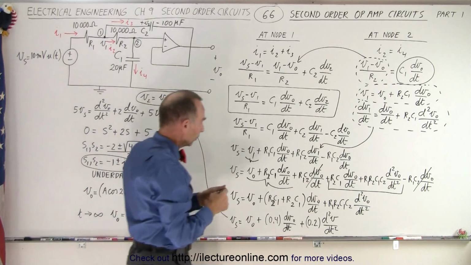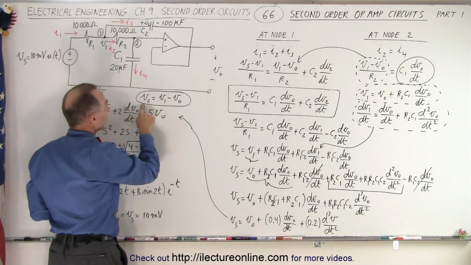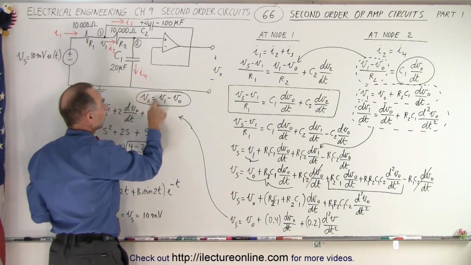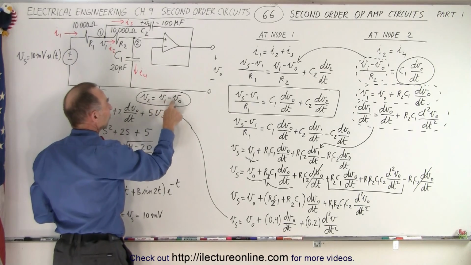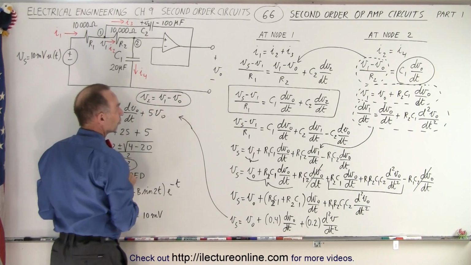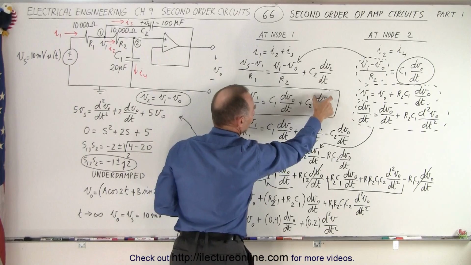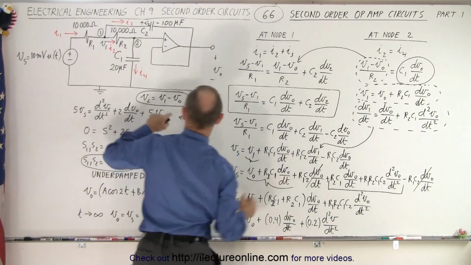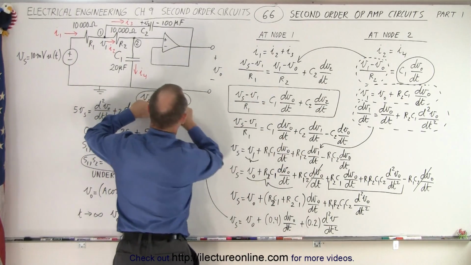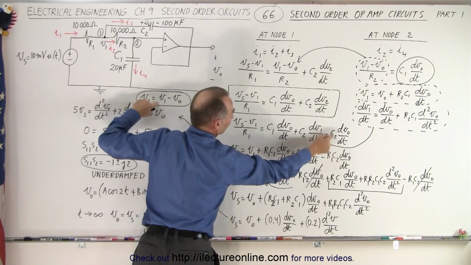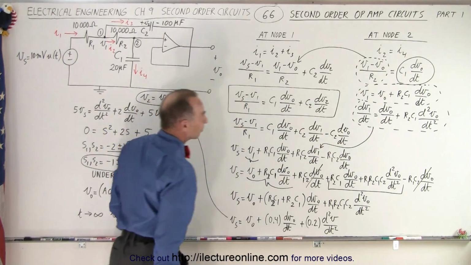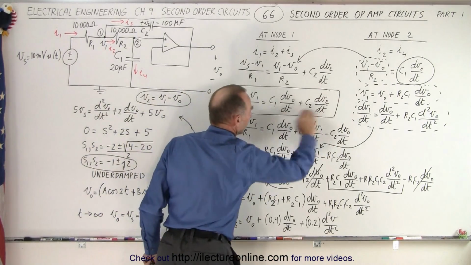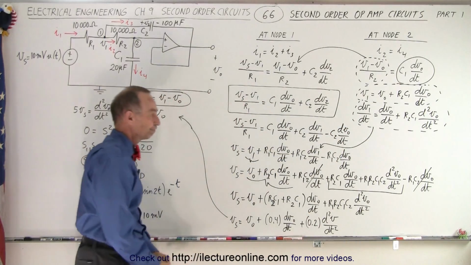Then we take the derivative of both sides. The derivative of V2 is equal to the derivative of V1 minus the derivative of the output voltage. So this derivative of V2 can be replaced by the derivative of V1 minus the derivative of the output voltage, and of course both of those are multiplied times C2. So now we've gotten rid of V2 in the equation.